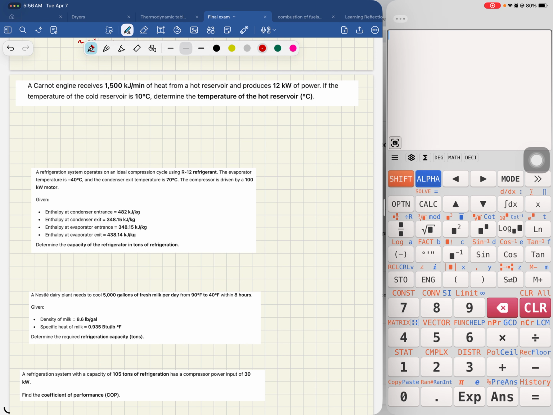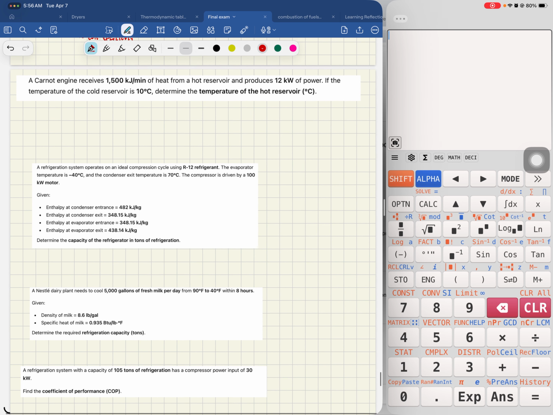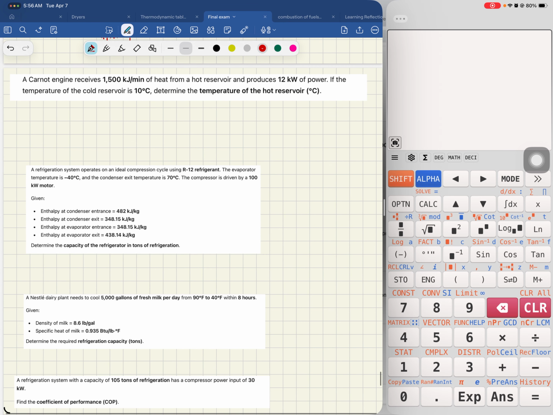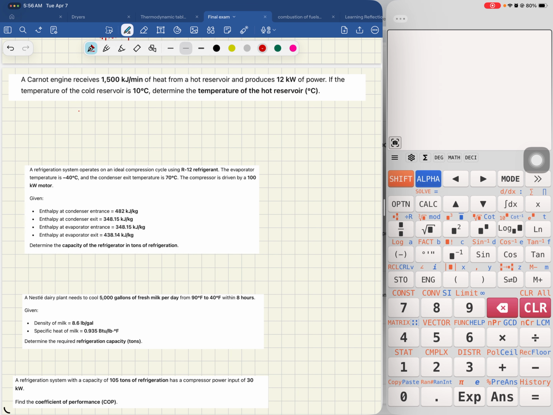So if it's a Carnot engine, remember that the Carnot engine, like most engines, is an ideal engine. The efficiency of the Carnot is simply the work net over the heat added.